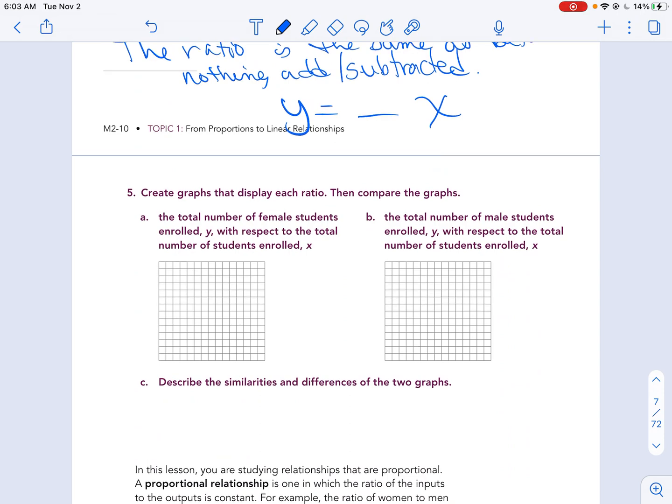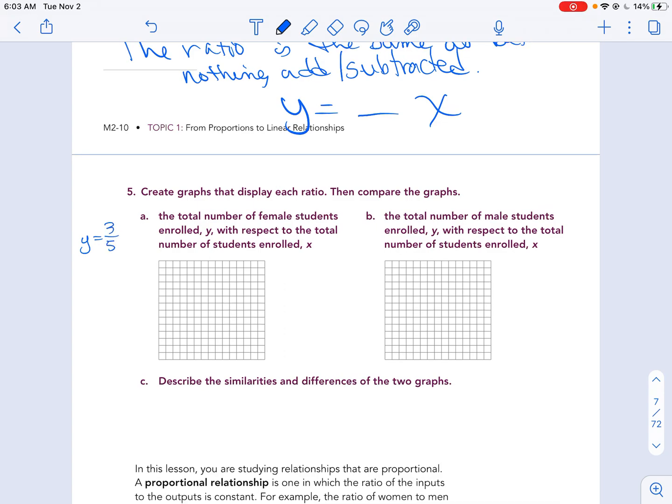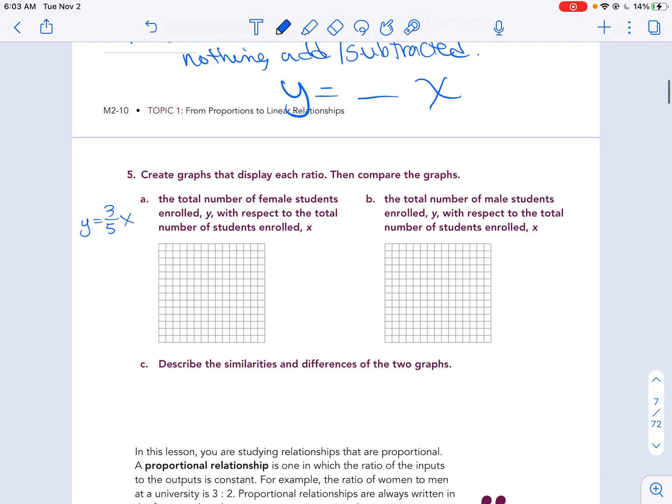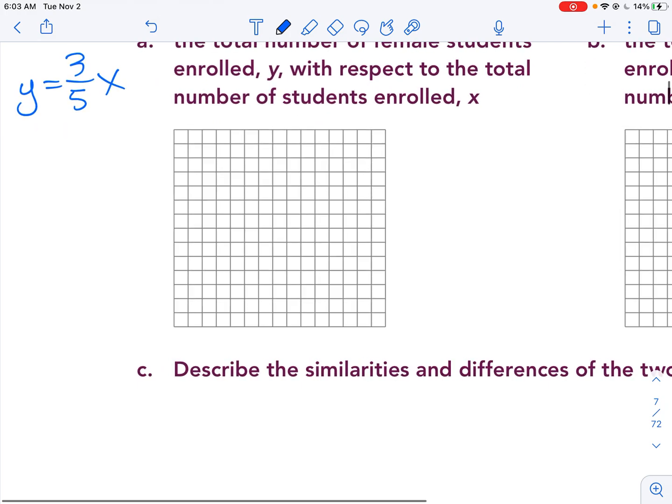So we said the total number of female students, y, was 3/5 x.